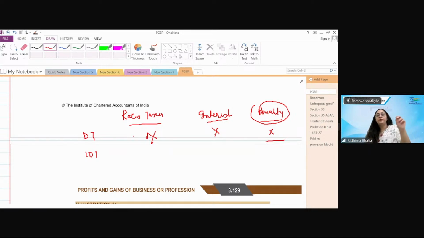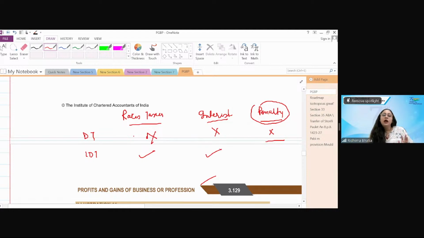Income tax paid of rupees whatever amount, 10 lakhs, 15 lakhs, is disallowed because it is not a business expenditure as per section 37. Similarly, for any other expenditure on rates and taxes of IDT, be it customs duty, excise, GST, IGST, whatever is there, if you're not taking the credit, that would be allowed. If you're taking the input credit, that would not be allowed. Otherwise, if you're not taking the credit, routing it through P&L, allowed.